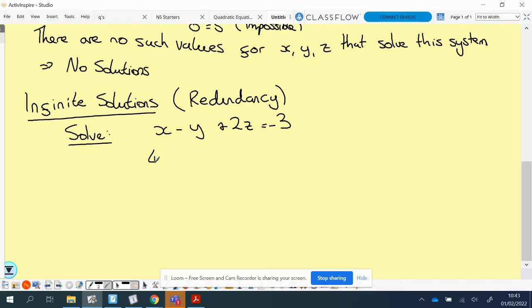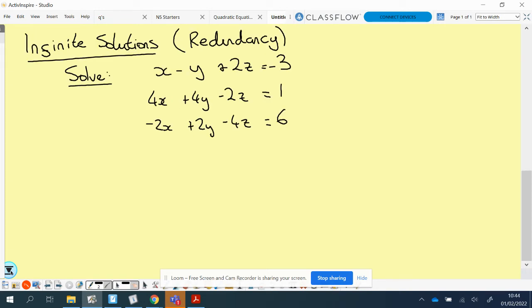So we're going to solve x minus y plus 2z equals negative 3. We've then got 4x plus 4y minus 2z equals 1. And we've got minus 2x plus 2y minus 4z equals 6. So that's what we're asked to solve here. Again, the starting off point is we still treat it like normal Gaussian elimination.